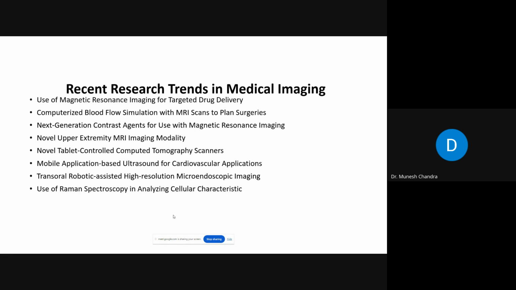Another is next generation contrast agents for use with MR images, and you can do novel multi-modality MR imaging, and you can also work on brain tumor, prostate cancer, and even some other recent problems.